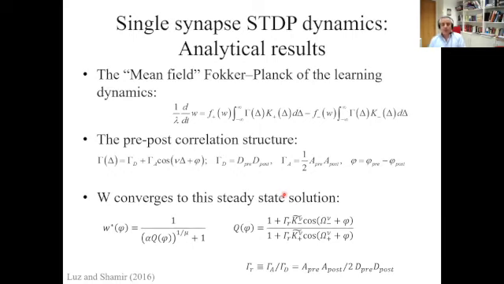Now, why did I bother you with this extremely simplified toy model? It's extremely simplified for several reasons. One, of course, we're looking at the STDP dynamics of a single synapse, and we do so in the limit of weak coupling.